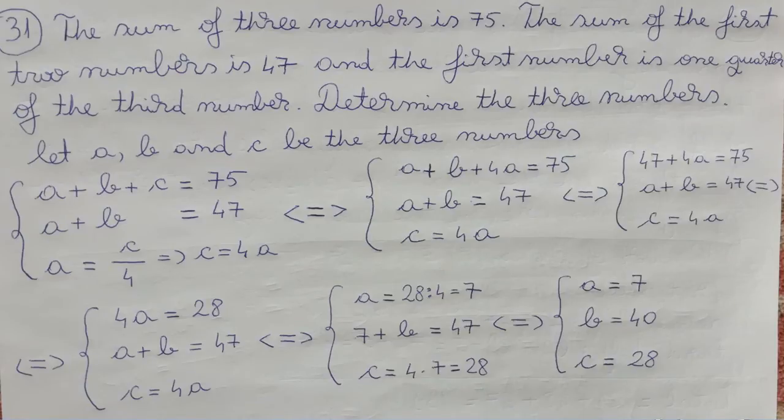Thus 4A is 28, so A is 7. C is 4A, so C is 28. B: 7 plus B is 47, so B is 40.